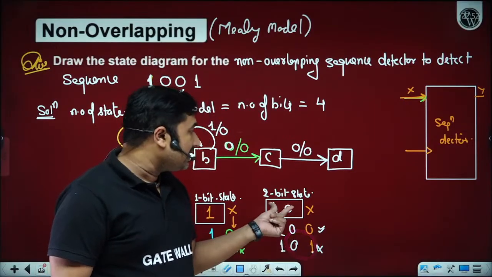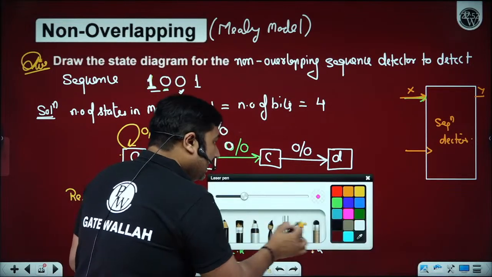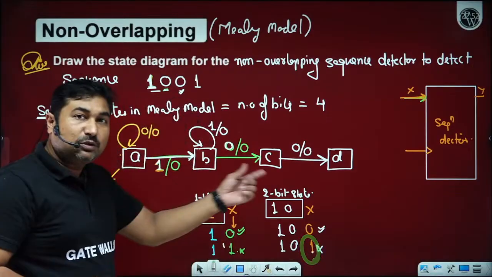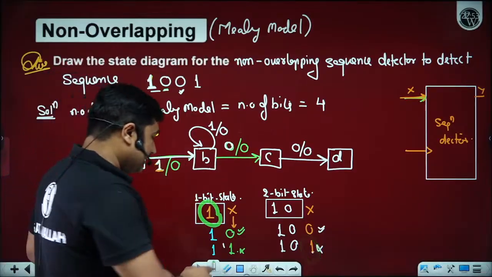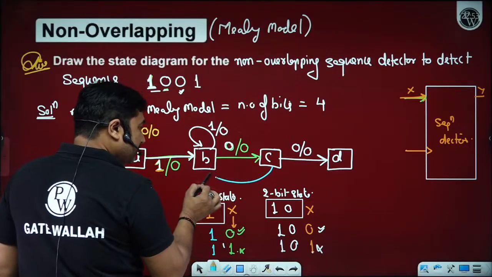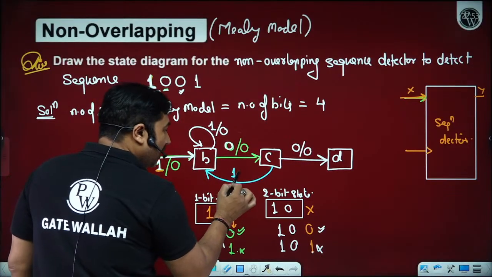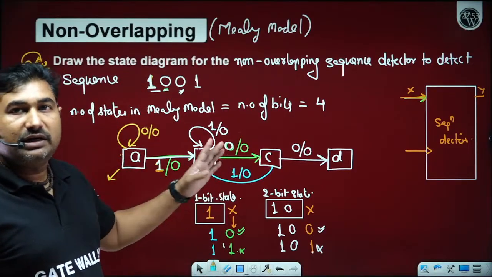If it matches, remain in state C. If it does not match, compare the last 1 bit with the 1-bit state. If it matches, go back to that state. If that does not match, go back to the reset state. So since the last bit is matching with the 1-bit state, go back to the 1-bit state. If you receive 1, output will remain 0 because the entire set of sequence has not yet been detected.